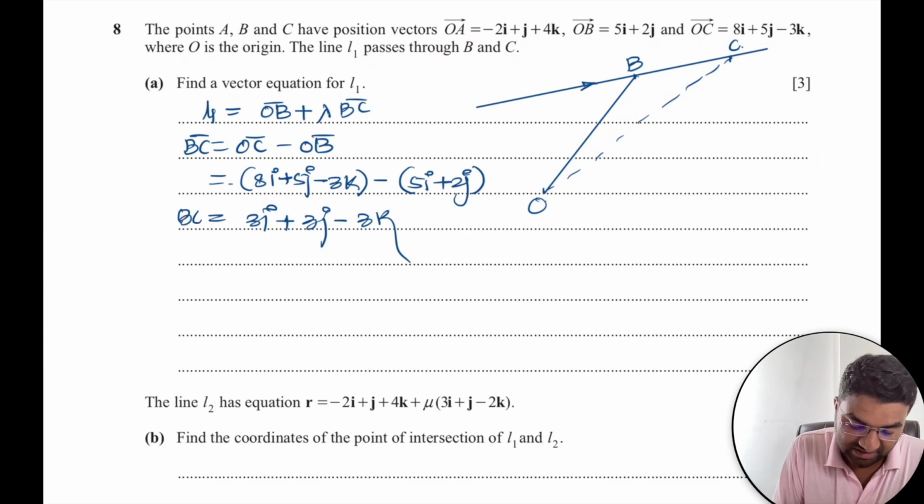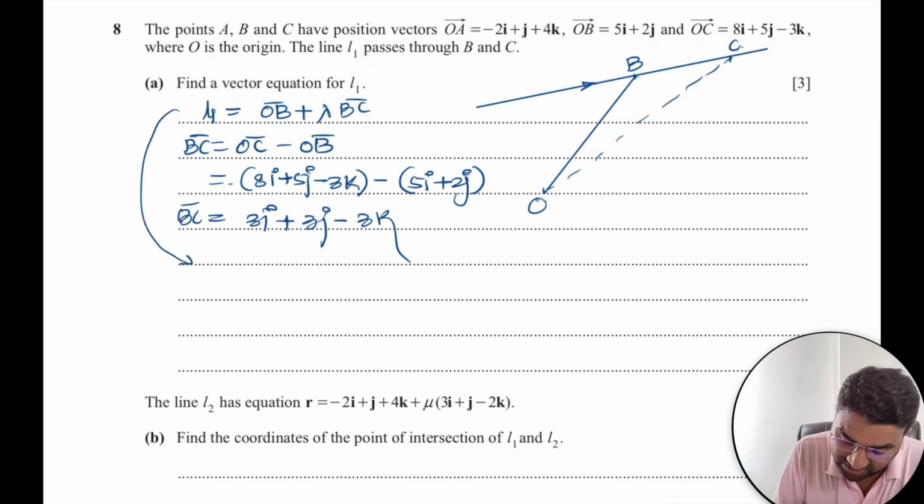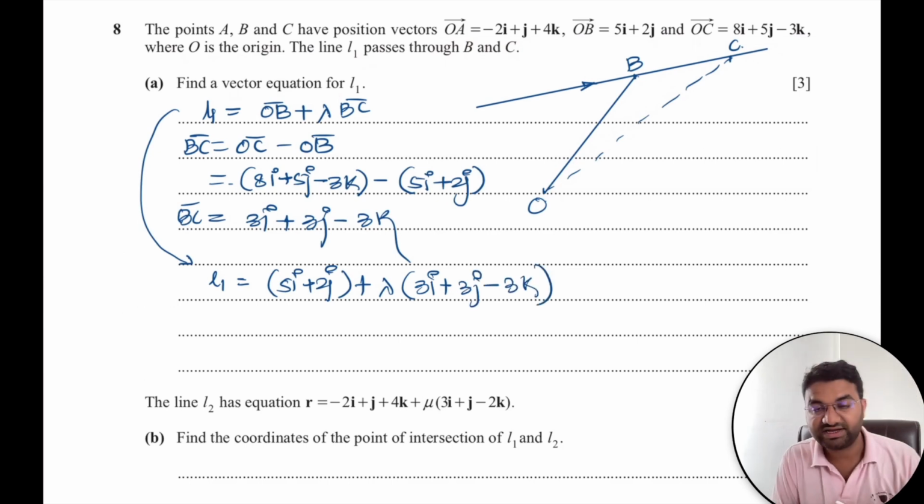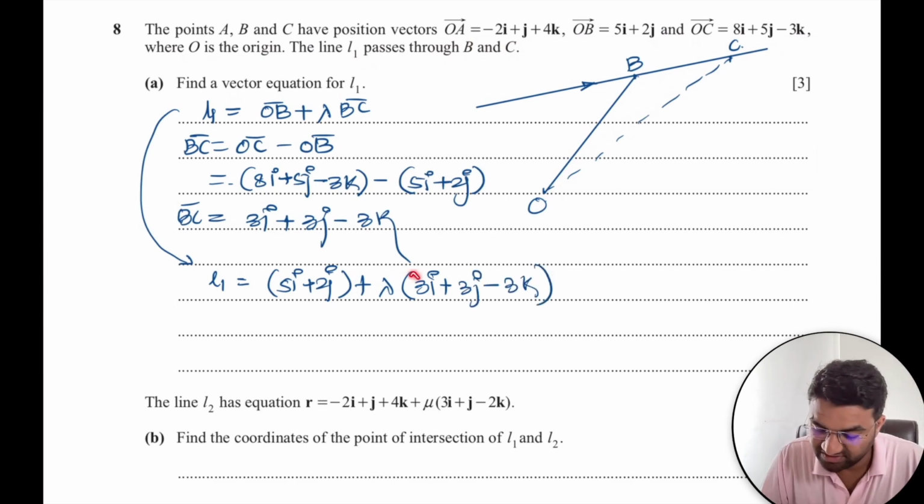That is BC. You can substitute here: L1 is equal to OB, which is 5i plus 2j, plus lambda times 3i plus 3j minus 3k.